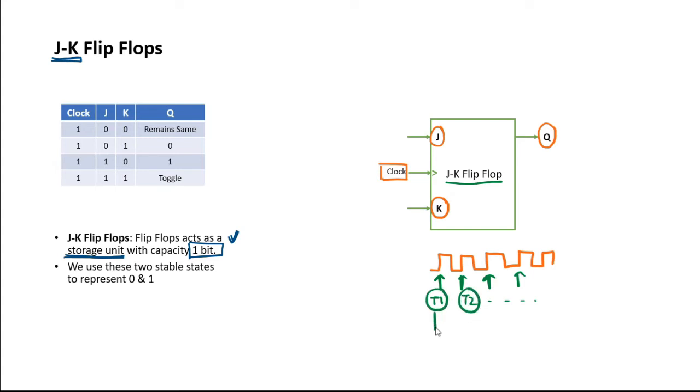At tick T1, it takes the input provided through the J line and the input provided through the K line, say small j and small k, where each can be 0 or 1, and it does some operation on that.